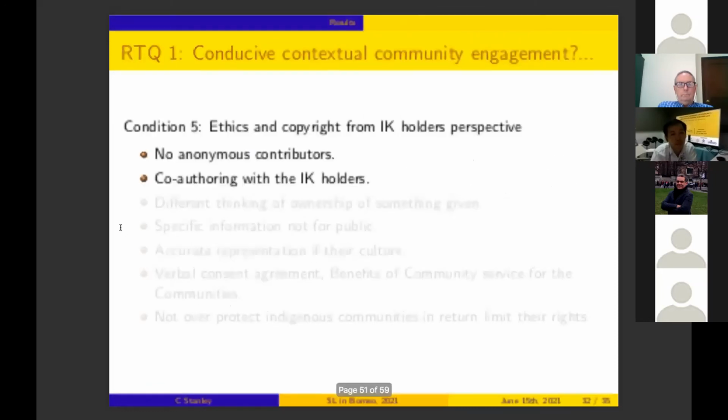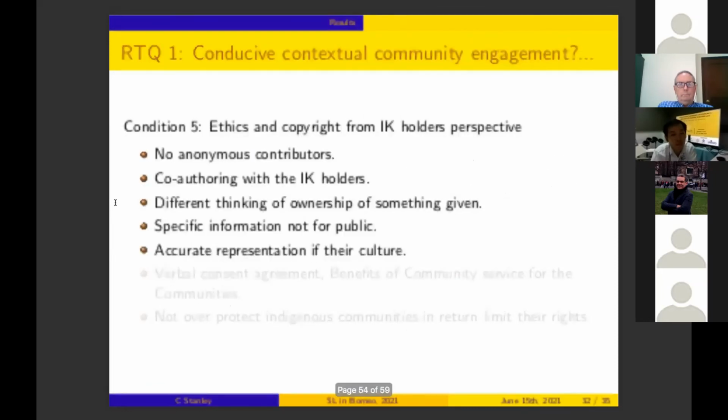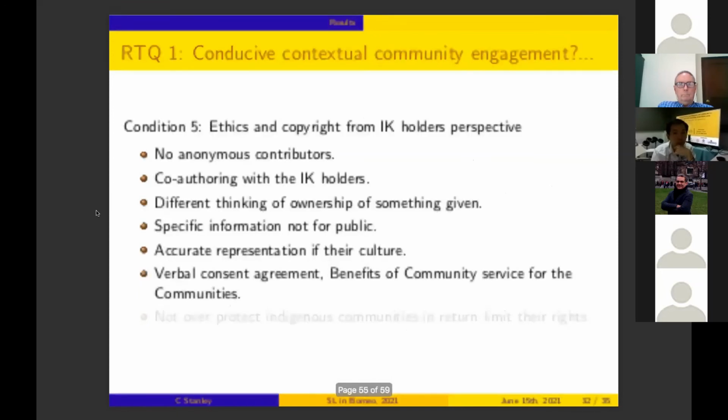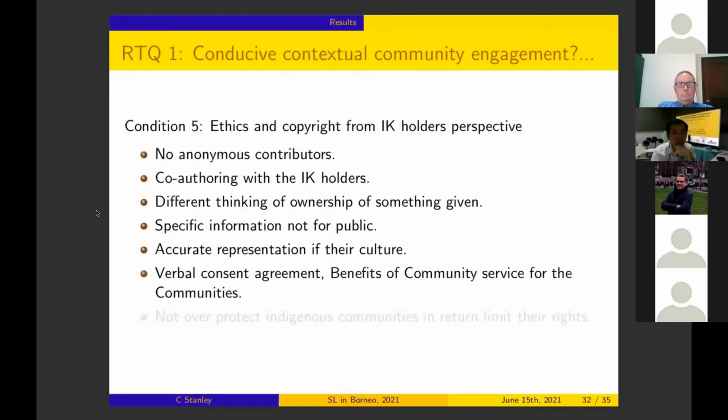And then very important, ethics and copyright from the IKIP holder's perspective. Copyright is something that is not tangible for them. For example, we asked one of the co-designers, the elders, what about the images that you have given to people on the internet? And his remark was, why are you asking me about something that I've given to someone? In my culture, if I give you something, I don't ask about how you use it.